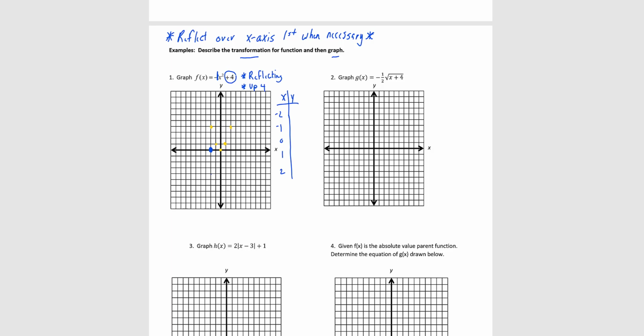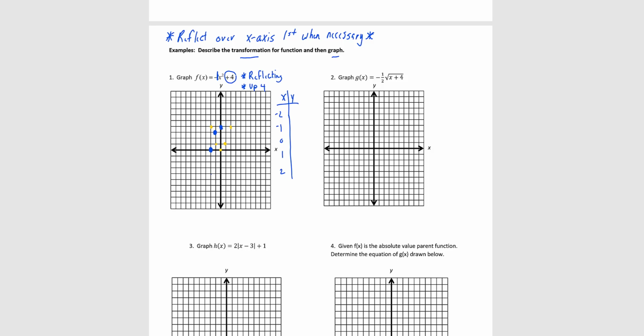And then do the same thing for this next point. Reflect it over the x-axis, and it becomes this point here. And then we're going to count up 4 from this point. 1, 2, 3, 4. Do the vertex. You can't really reflect it when it's on the x-axis, so all we have to do is count up 4.